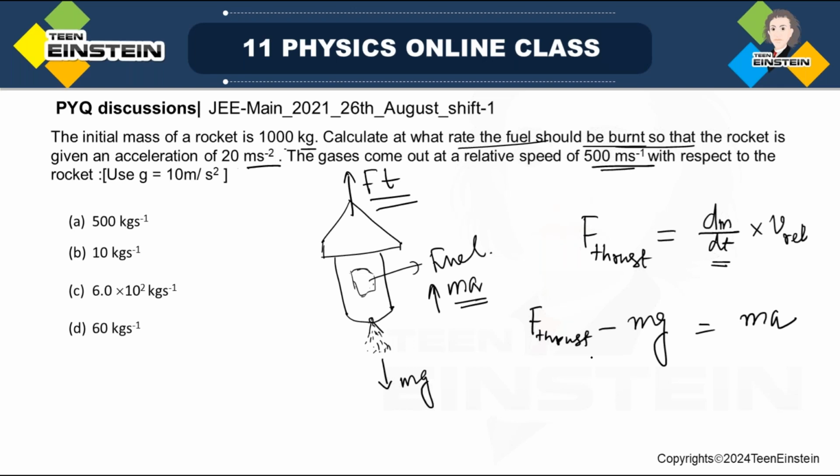So from here I have to find out this dm/dt. So dm/dt into v relative minus mg is equal to ma. This one I know, I have to find out this one.